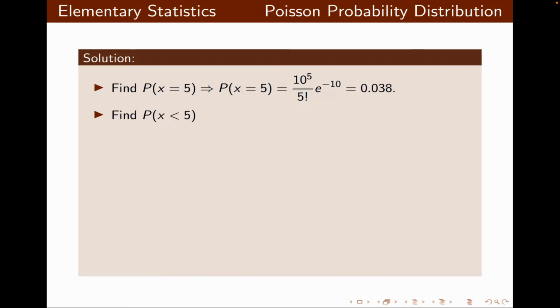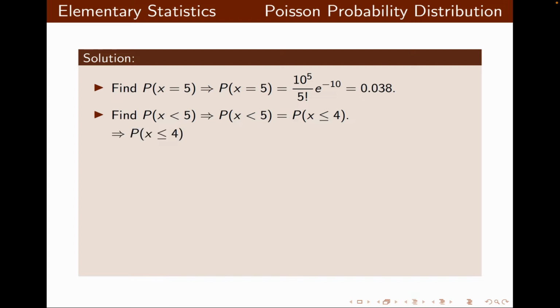Probability that x is less than 5, so the number of successes in that fixed interval is fewer than 5, is the same as probability that x is less than or equal to 4.